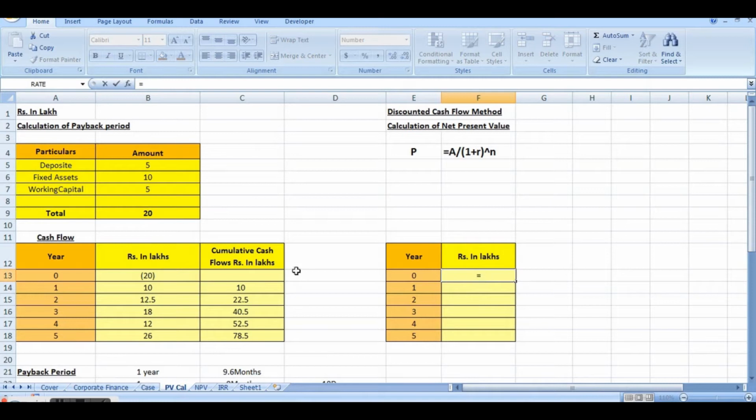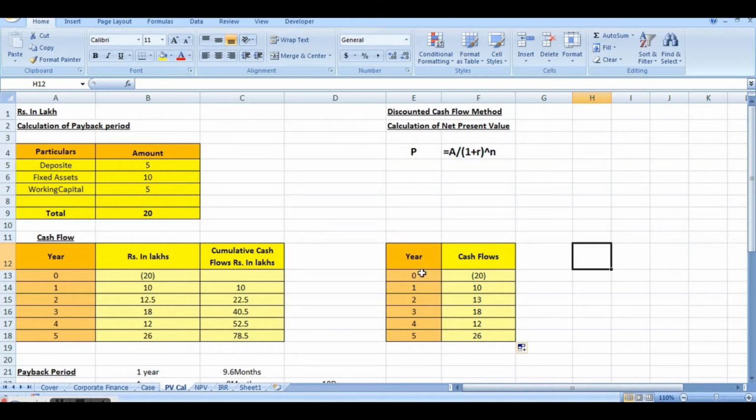So we will simply refer the values of cash flows to the cash flows that we have already calculated, and now we can simply drag it.